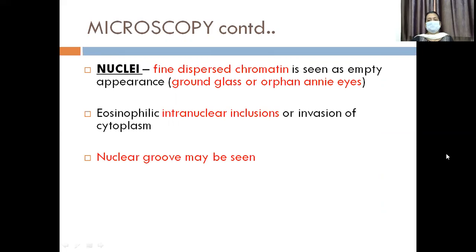So the nuclei, I told you, are pathognomonic of papillary carcinoma, with a ground glass appearance with finely dispersed chromatin, called Orphan Annie eyes, eosinophilic intranuclear inclusions and invagination of the cytoplasm, and a nuclear groove may be present.